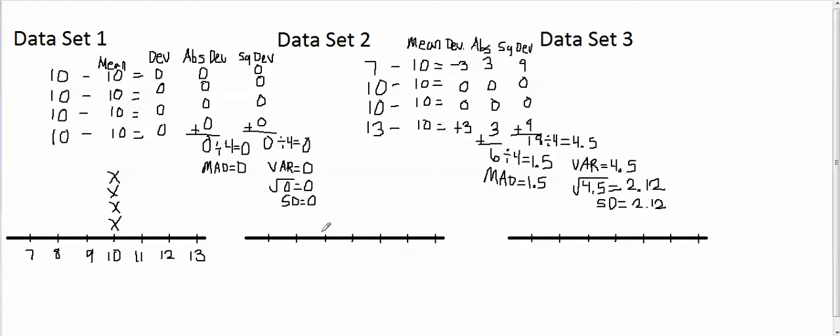What I want you to do over here is make an X for each data value. Make the same tick marks. So 7 is the first value. 10, there's 2 10s.